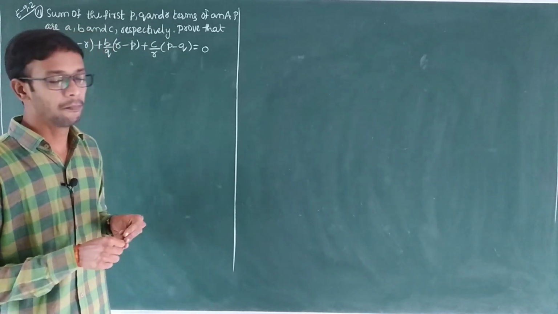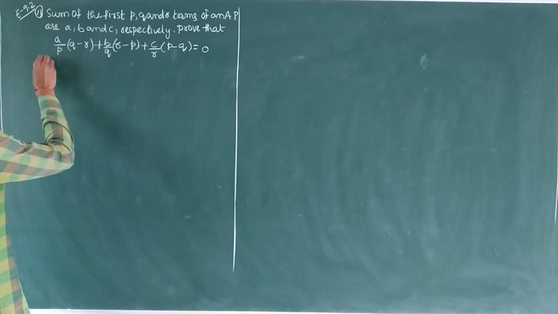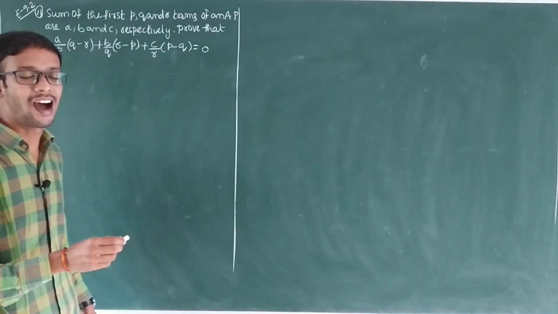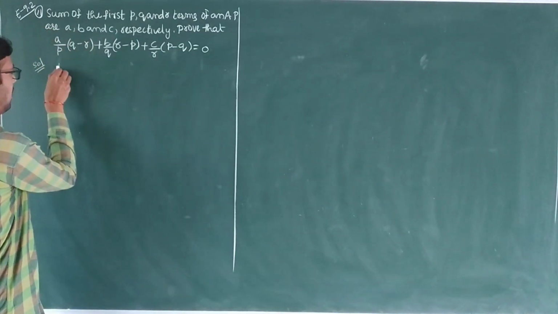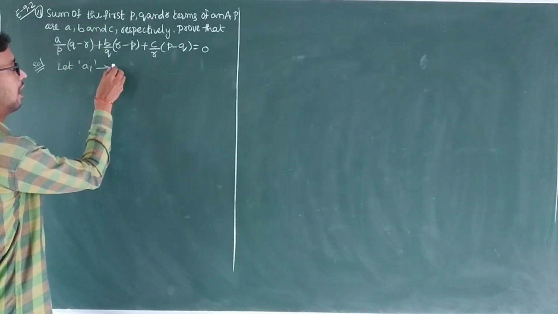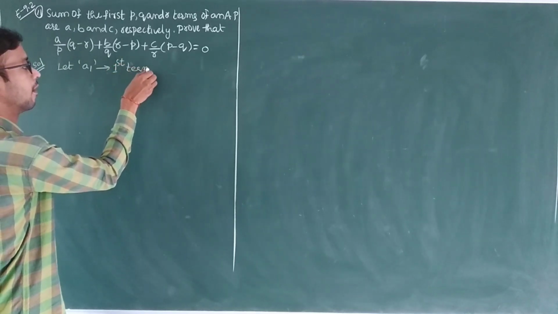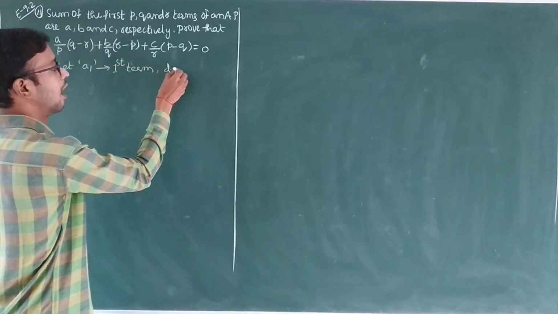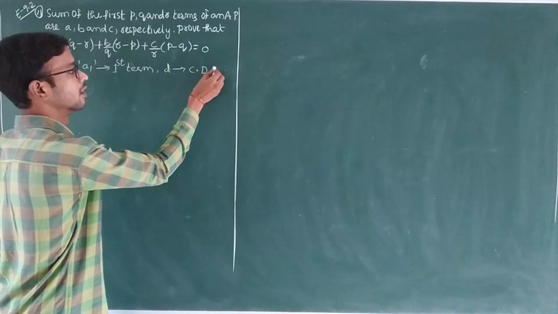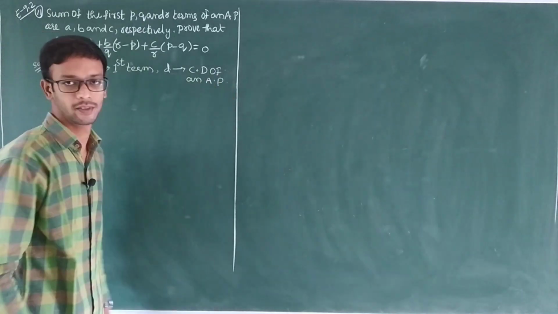So here, first of all, we have to take the first term and common difference. Let A1 be the first term, and D the common difference of the arithmetic progression.